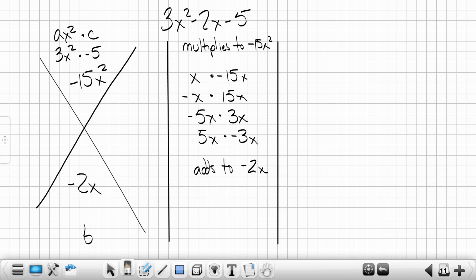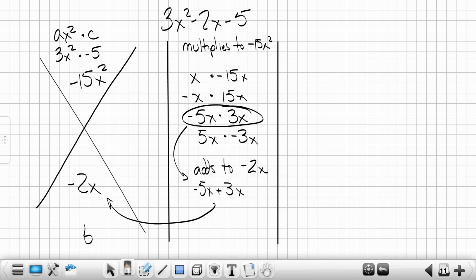Out of these, does 1 minus 15 make negative 2? No. Does negative 1 plus 15 make negative 2? No. Does negative 5 plus 3 make negative 2? Yes, it does. So there's our lucky winner. Negative 5x and a positive 3x add to a negative 2x.